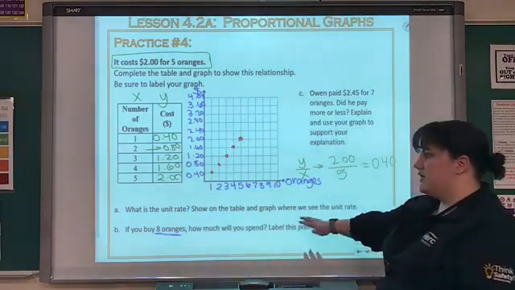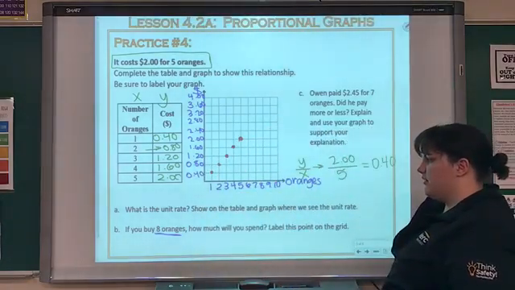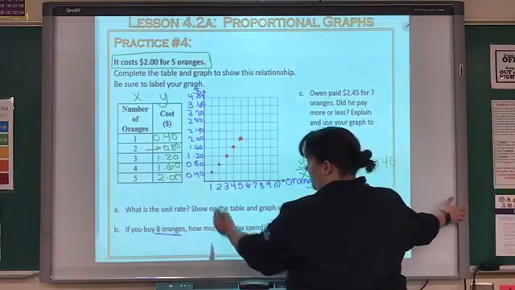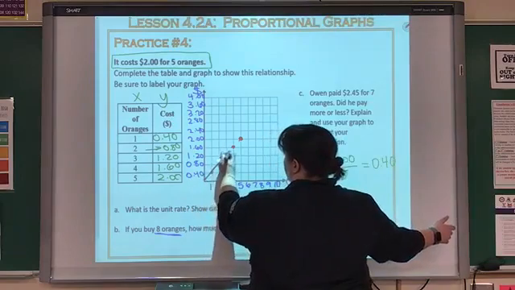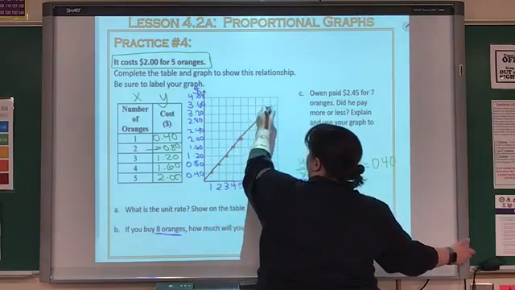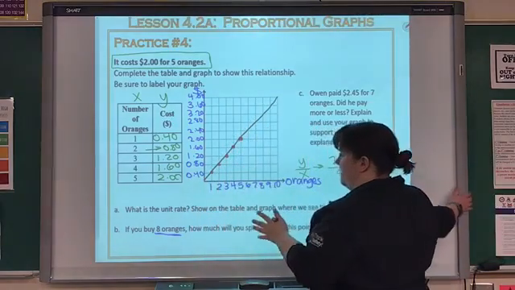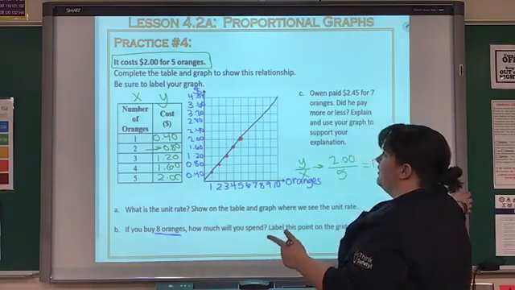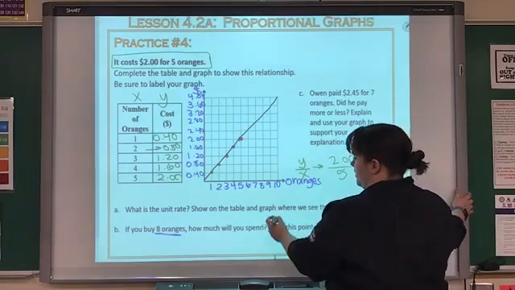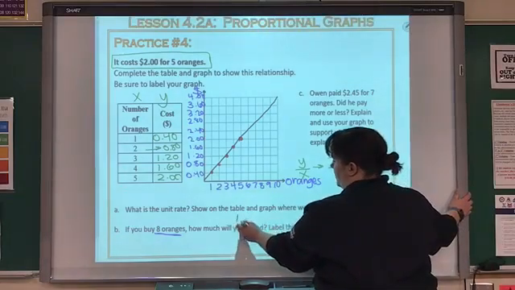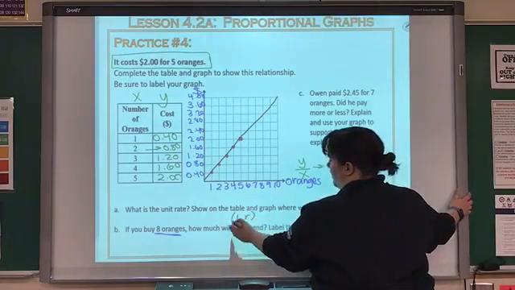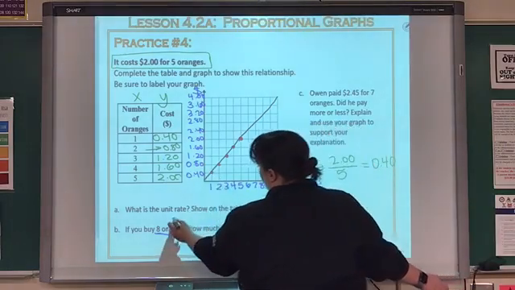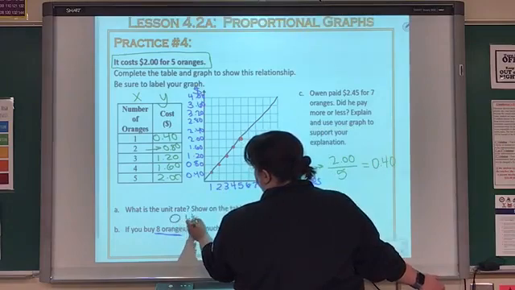So, what is the unit rate? We want to show this on the table and on the graph. So if we look right here, we have this graph, and the unit rate, if you remember, is going to be 1, R. So if I look over 1, up is 40 cents.